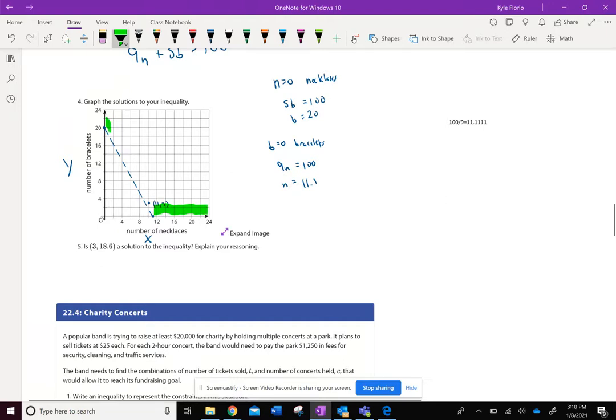So anything on or below the line is not going to be a solution, but anything above the line is going to be a solution. Okay, so that would be my solution set.